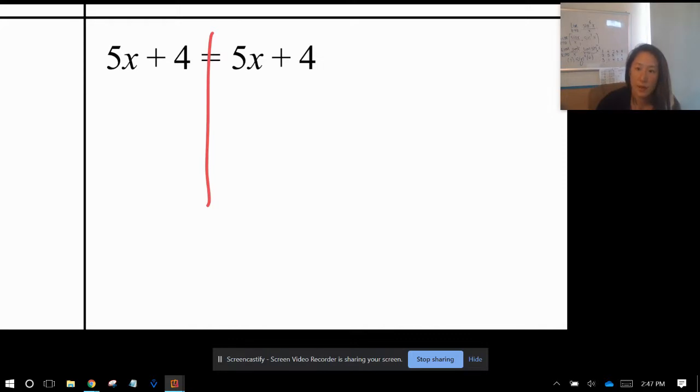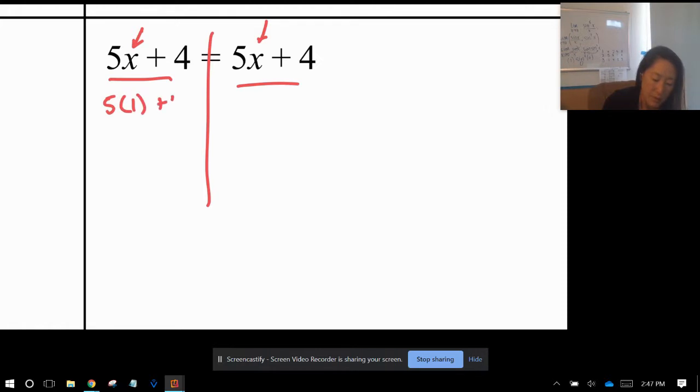5x plus 4 is equal to 5x plus 4. All right, notice we have the exact same thing on the left and the right. So no matter what I plug in for x, as long as it's the same number, which it is, so if I do 5 times 1 plus 4 is equal to 5 times 1 plus 4, are those equal? Yes.